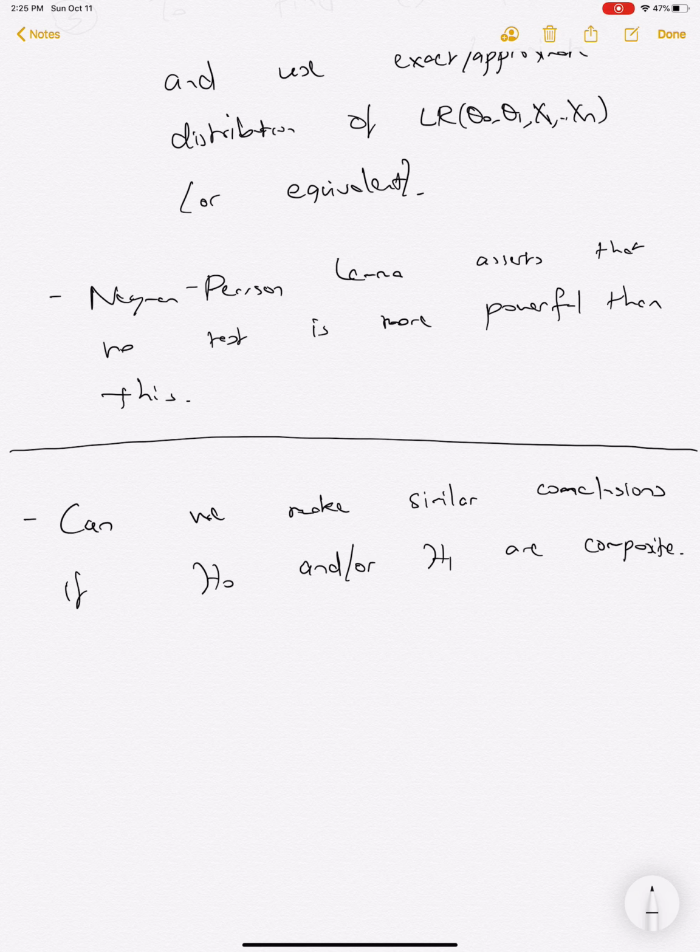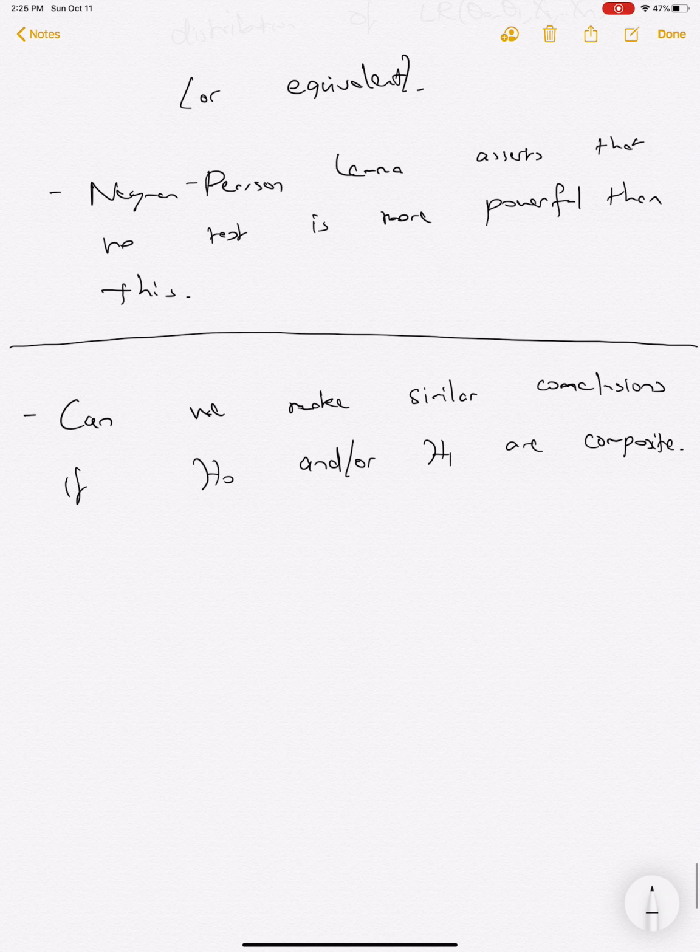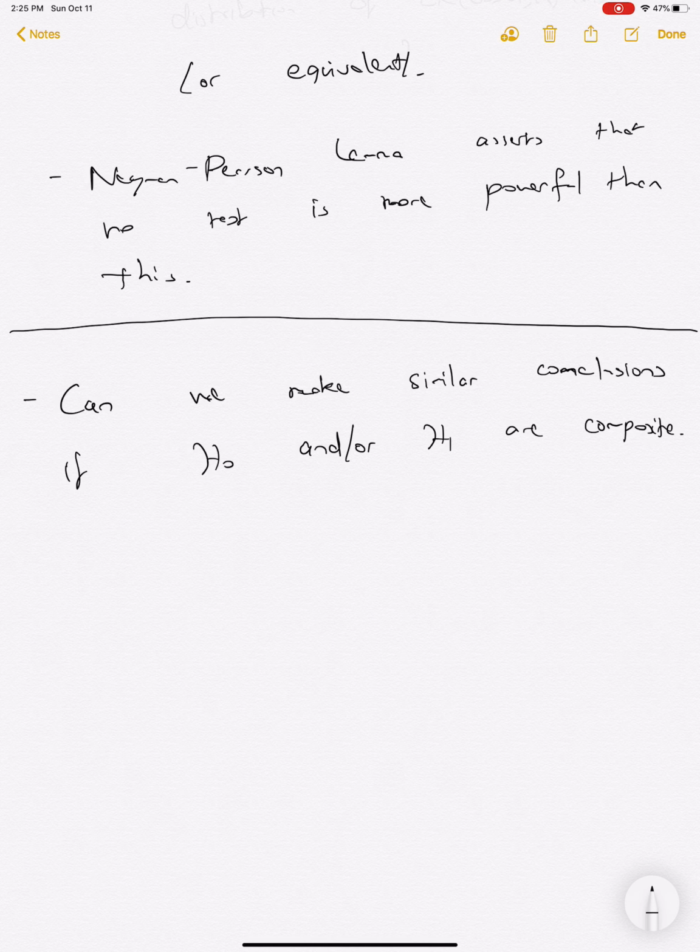And so just as the last thing I'll say in the last 2 or 3 minutes, how do we extend the likelihood ratio statistic to the composite case?